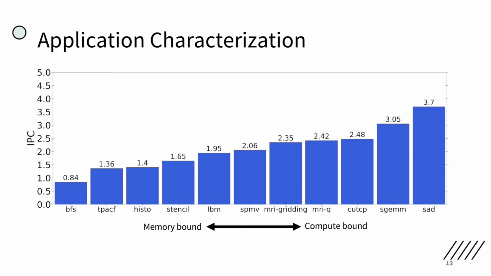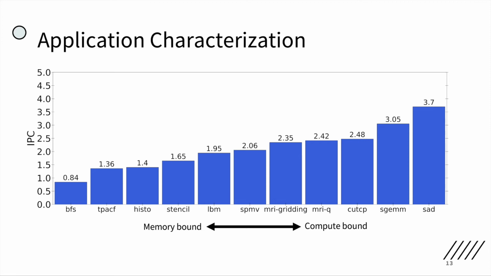And we highlight that in our application characterization. Here's a graph of the instructions per cycle of the Parboil applications ranked by their memory and compute boundedness. Low IPC applications are expected to be memory bound and high IPC applications compute bound.